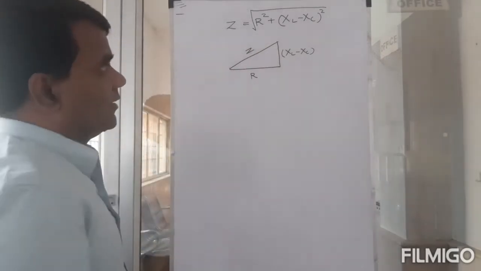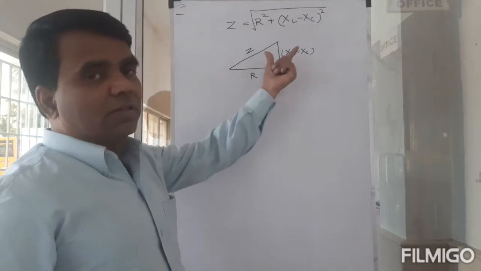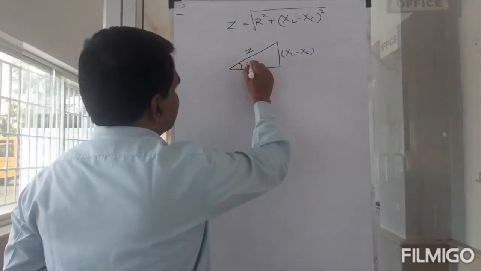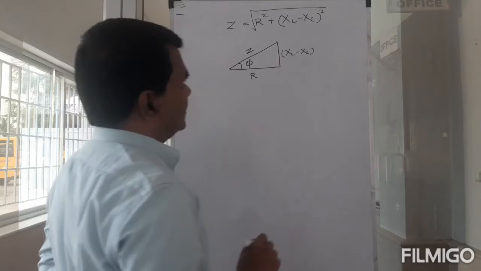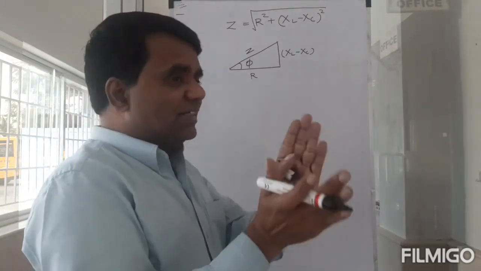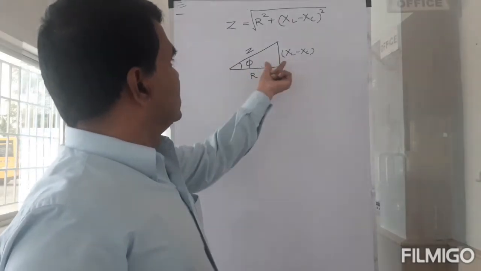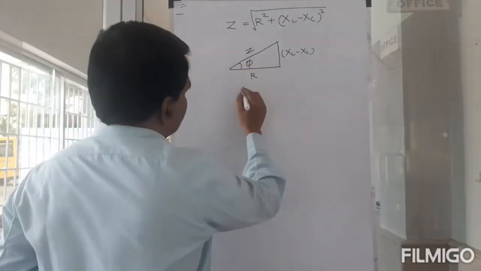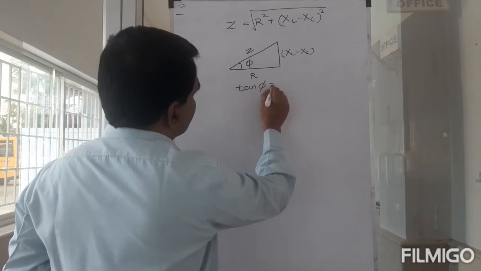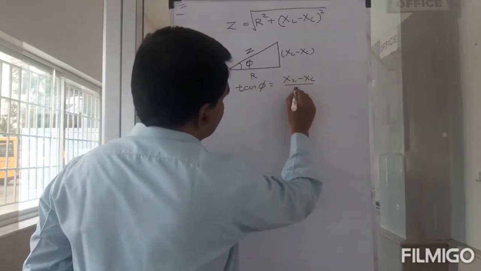I can represent it like that. So if you know R, if you know XL and XC, then I can do it like this. And see, I also have this phase angle phi. This is a phase angle with which the current was either leading or lagging the voltage. So I can take tan phi is equal to XL minus XC by R.